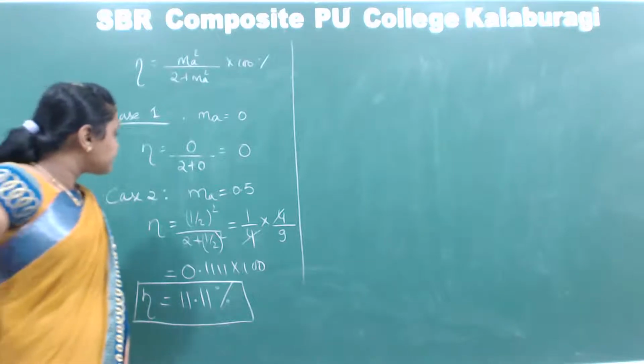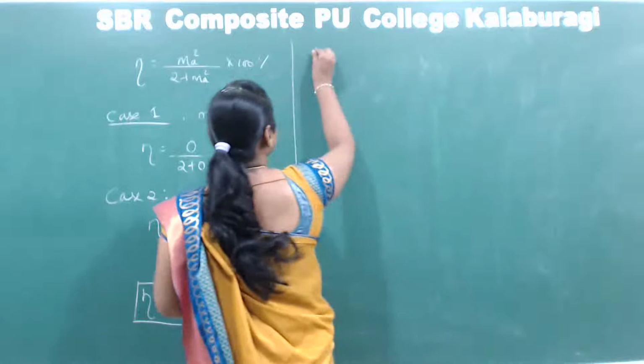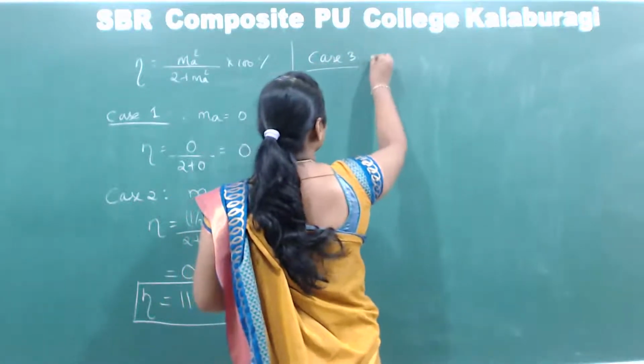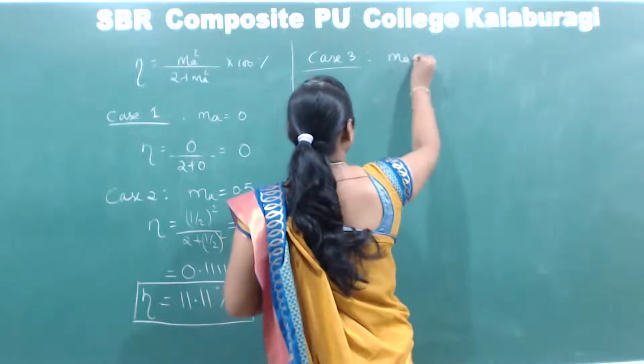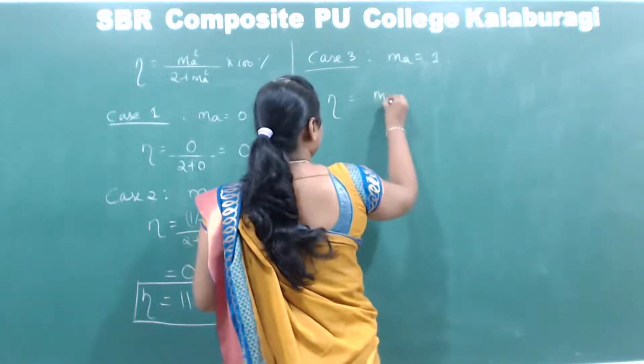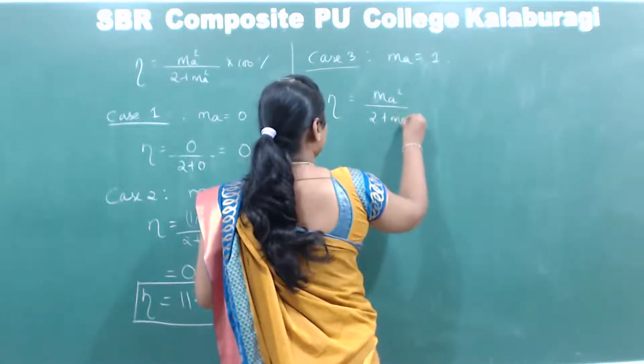Next, the case 3. MA is equal to 1. Eta is equal to MA square by 2 plus MA square.